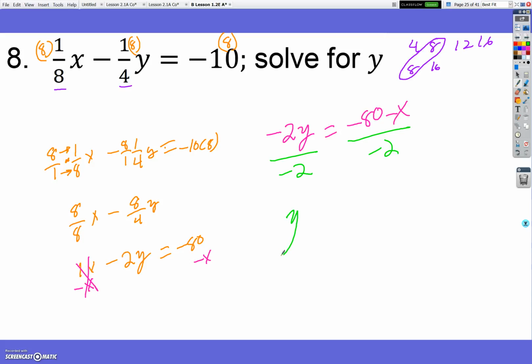Then I would have an answer of positive y equals, now when they're all negatives, a negative divided by a negative is a positive, so it would be 80 plus x over positive 2, because negative 80 over negative 2 is positive 80. Negative x over negative 2 is positive x. This would be your final answer.